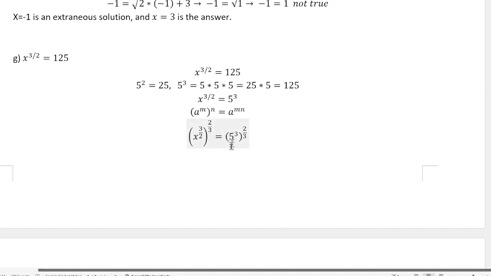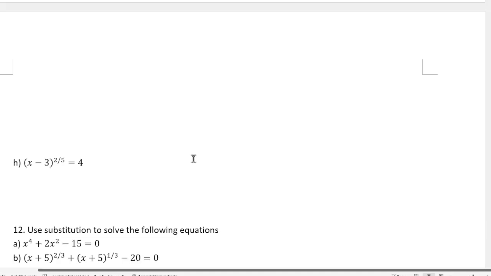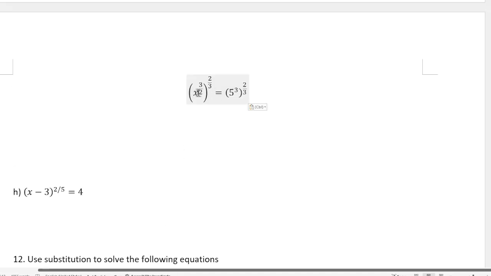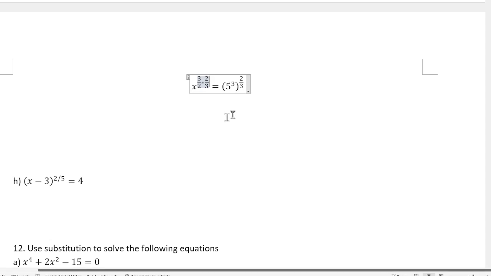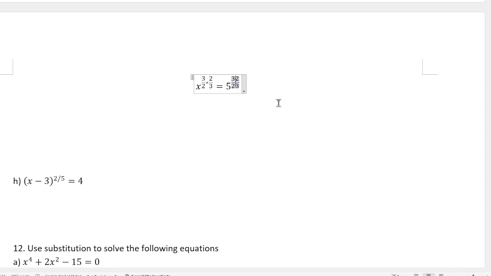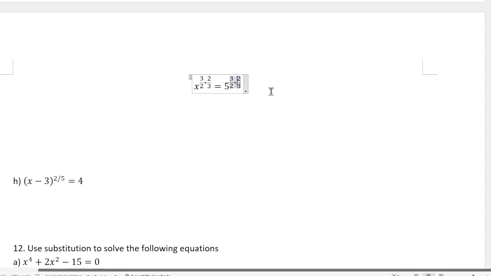So that's what you have, and then we now apply the above, which is saying that this left side will be x to the 3 over 2 times 2 over 3, and the right side will be 5 to the 3 times 2 over 3.